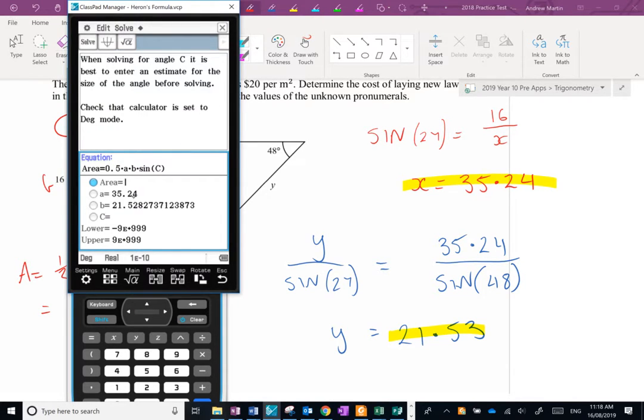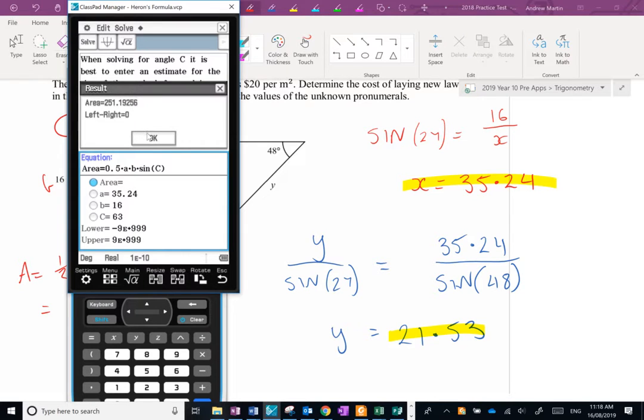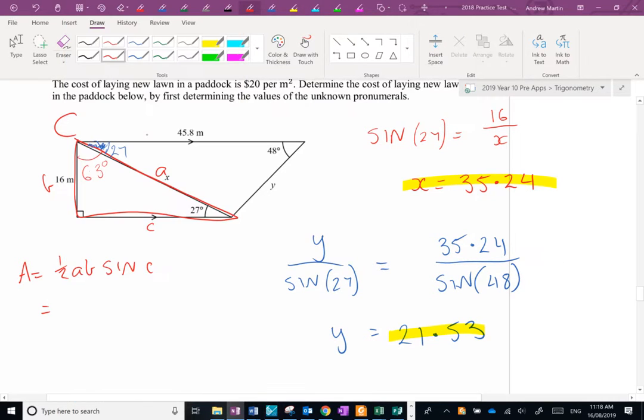Okay, I don't know what the area is. Side a is already in there. Side b, in this case, is going to be 16. Angle C was 63 degrees. So I solve for the area. That's 251.19, and that's in meters squared.